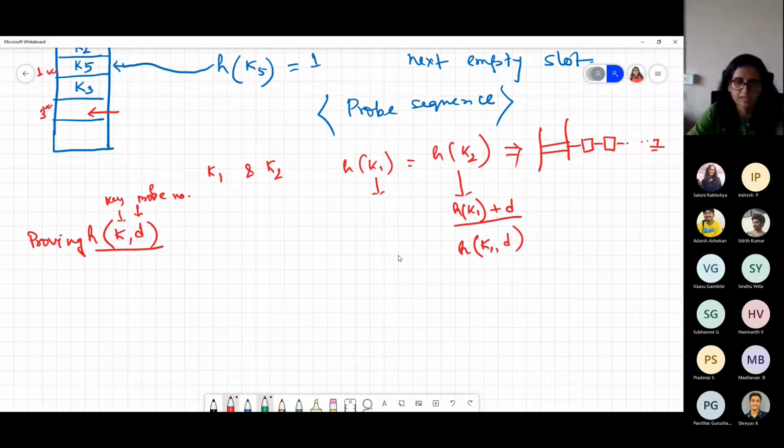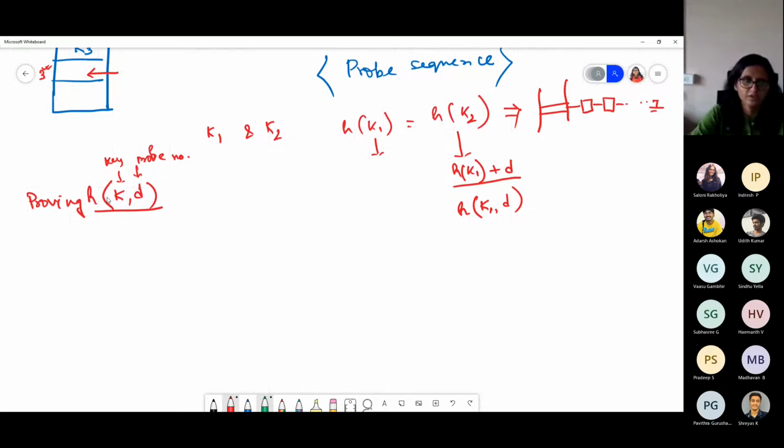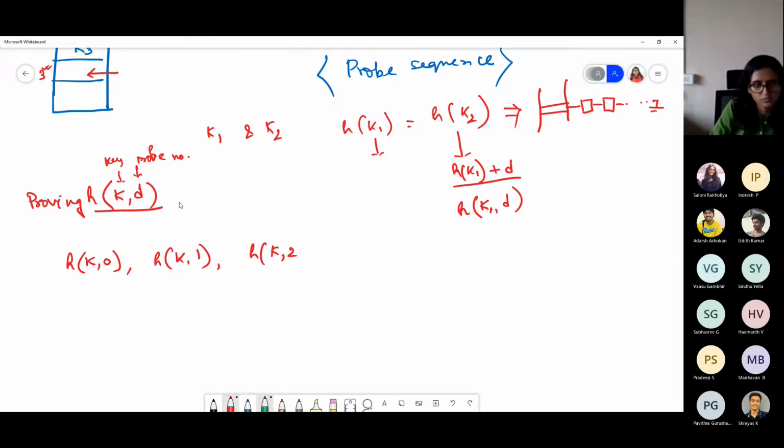Okay, so another restriction will be there for this probe number. When you design the hash function, for the same hash function and the same key, h of k comma 0, h of k comma 1, h of k comma 2, in this way, 0 means the first trial, 1 is the second trial, 2 is the third trial.